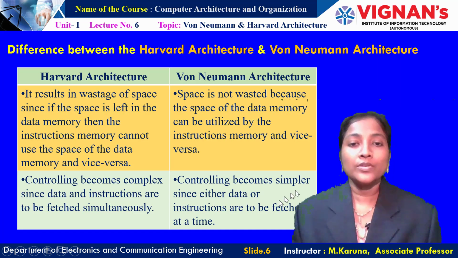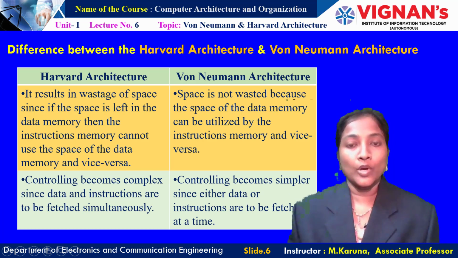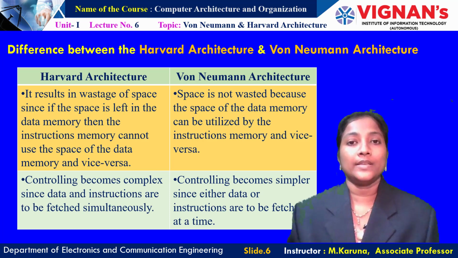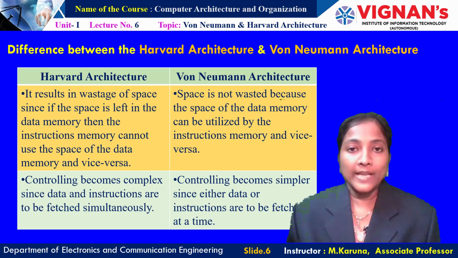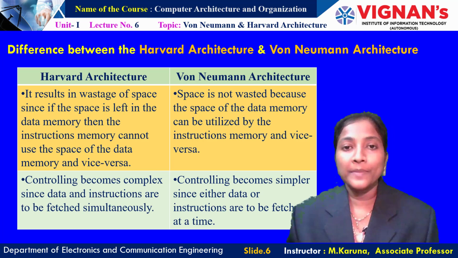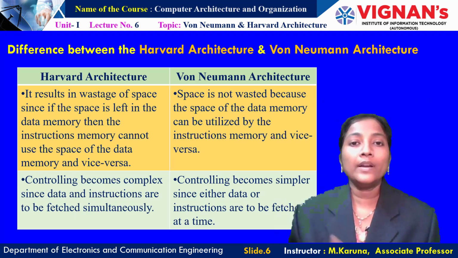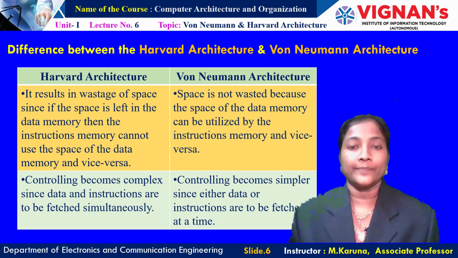Before going to the questionnaire, let us summarize this topic, the difference between Von Neumann and Harvard architecture. Most computers use the Von Neumann architecture, for example desktops, laptops, tablets, and high performance workstations. The Harvard architecture is used in digital signal processing.